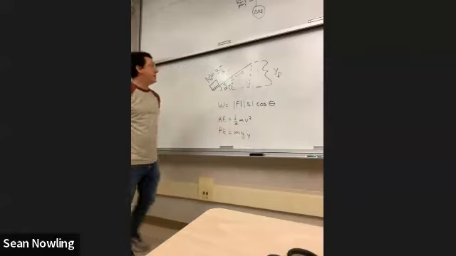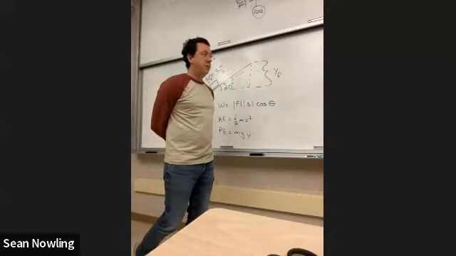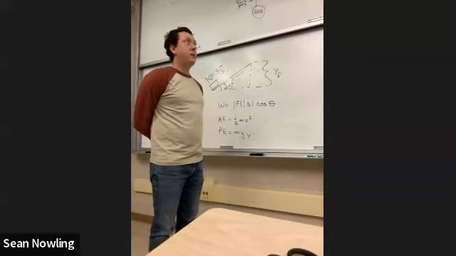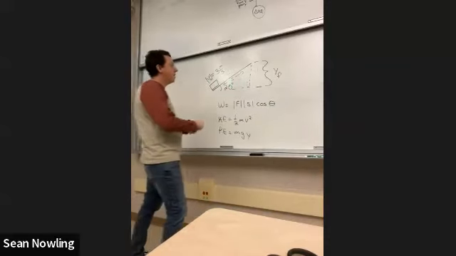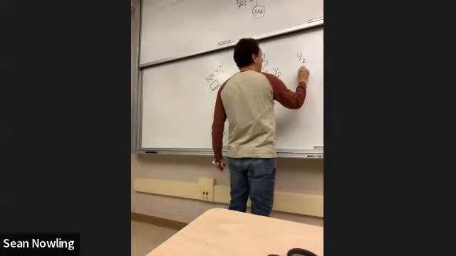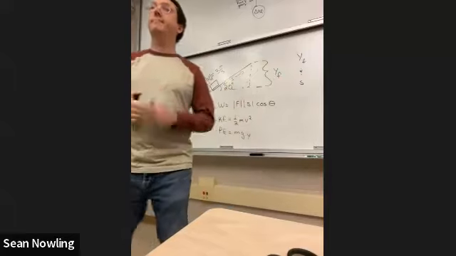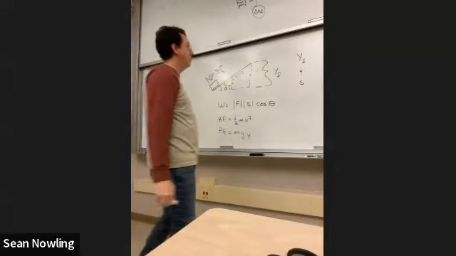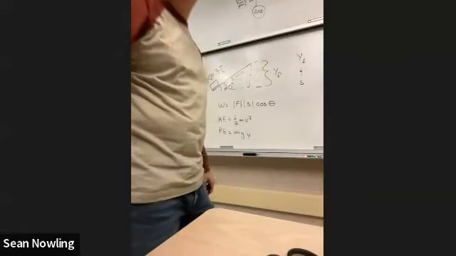Okay, so take a second and identify the system, draw a free body diagram, and try to calculate final height and the length along the ramp that it travels. Pause the video.